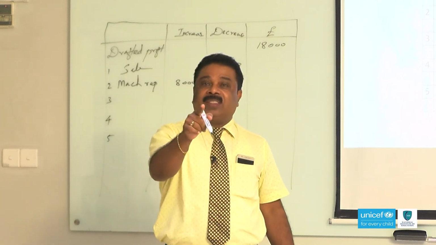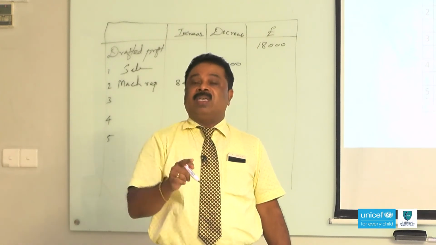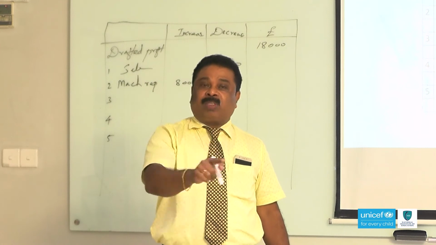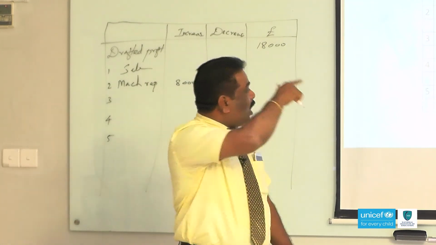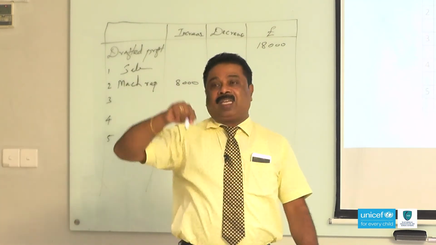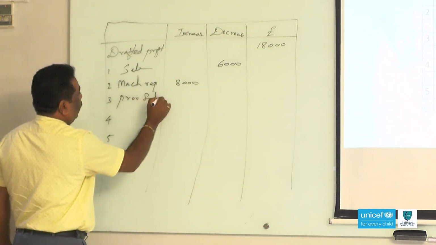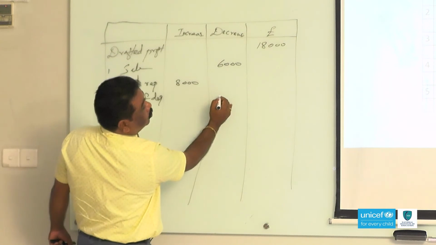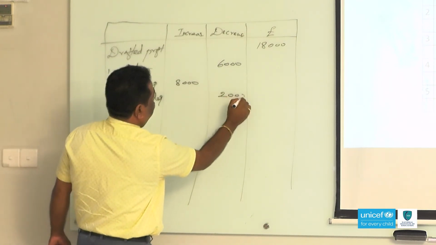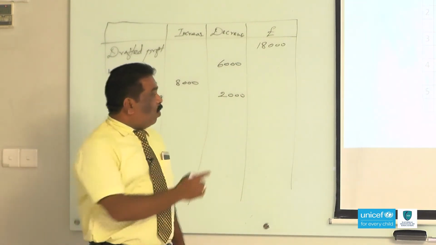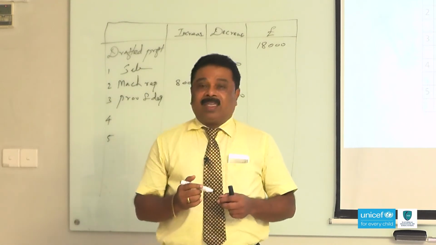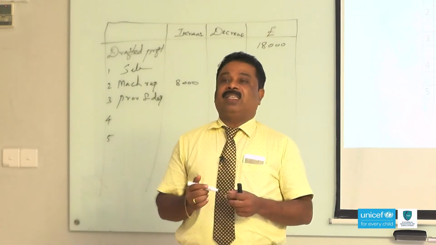The income statement amount will be transferred to the income statement. So it has been debited, so it will decrease the amount. So provision for depreciation, decrease column, 2,000.